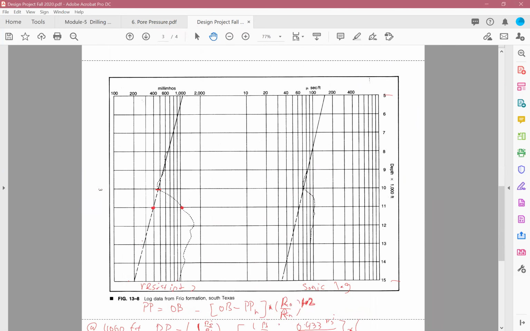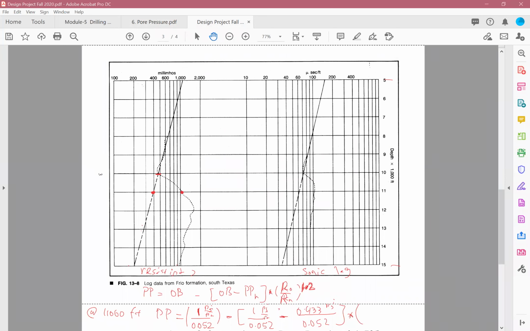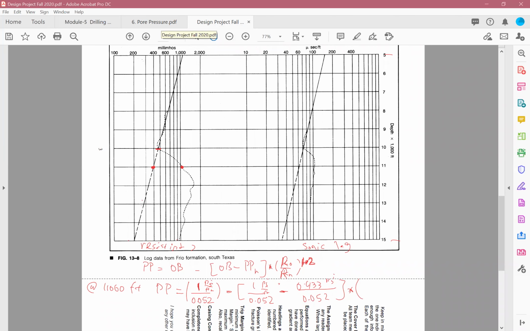So what is Ro here? What number should I read for Ro? Resistivity of the abnormal, and that is around 1,000, right? So let's assume 1,000 here.